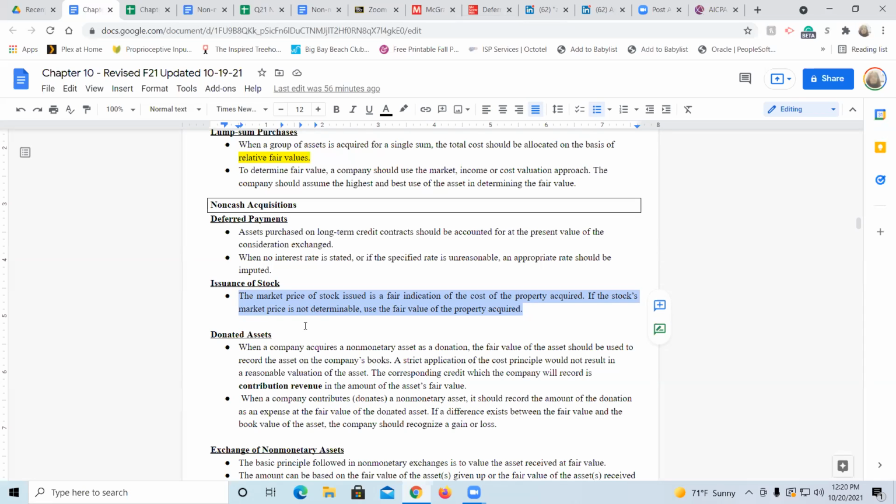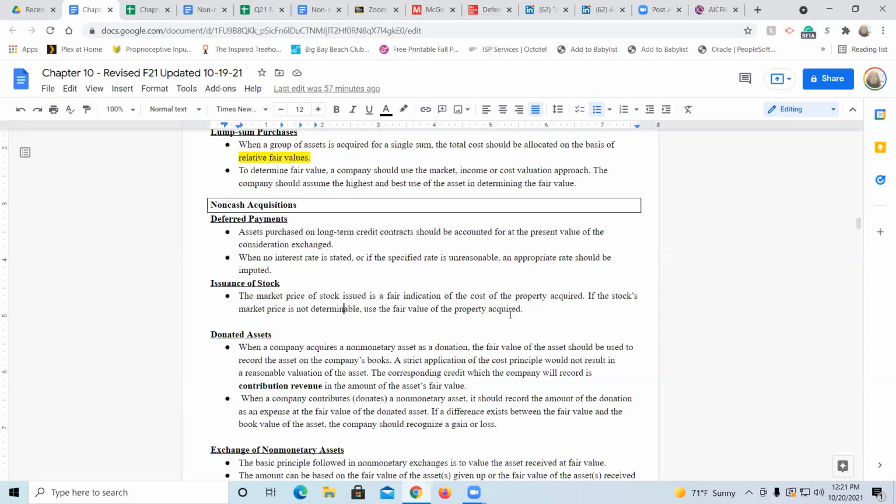And so the rule around this is that if the stock is being traded on a stock exchange, you will just use the market price of the stock. If the stock is not being traded on a stock exchange, you'll use the fair value of the property that is being acquired as an indicator of the amount at which you need to record the transaction.